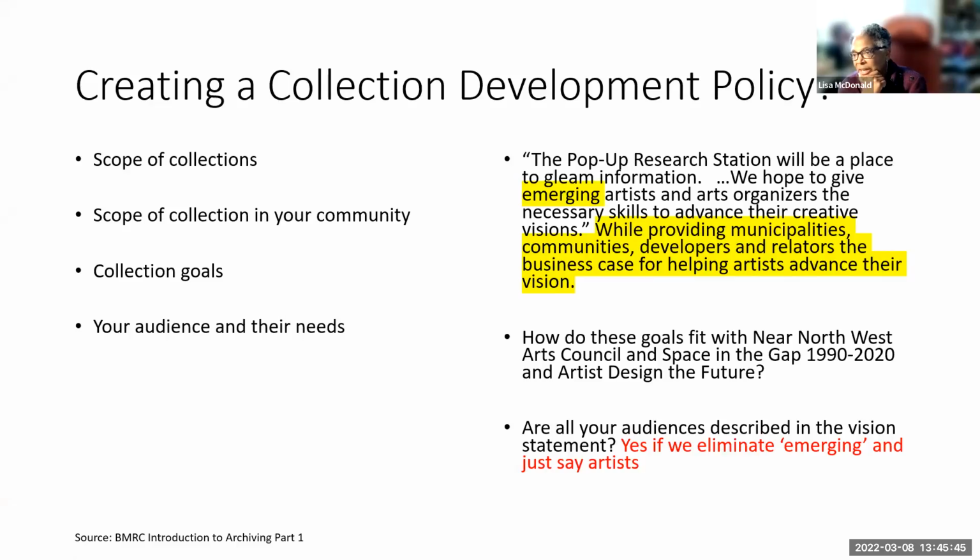I know that Alpha wants to keep emerging, but I think everybody else is serving all artists. The problem with just saying emerging is that emerging means different things to different people in terms of where they are on the career path. So it might be cleaner if you say artists.